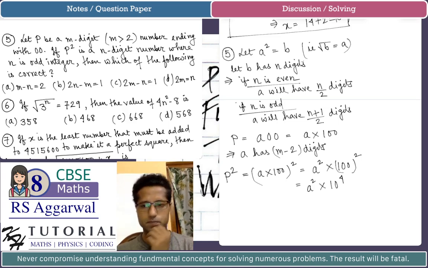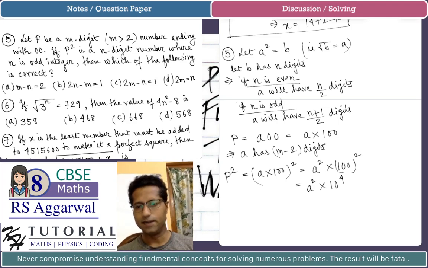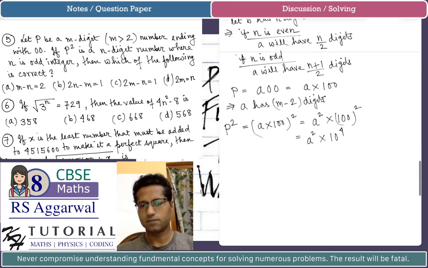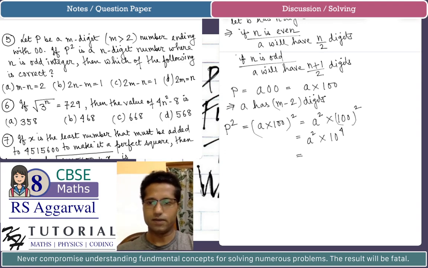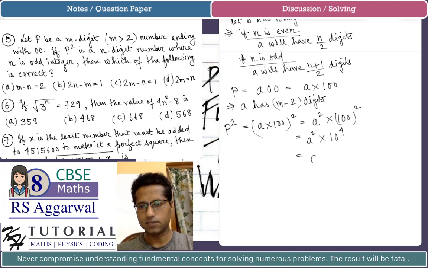We are having this P square. Now this P square, it is given that it is having n digits. So again we can write it in the form A square. Whatever this A square is, it's a number.